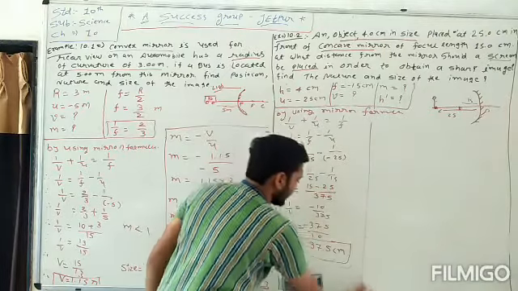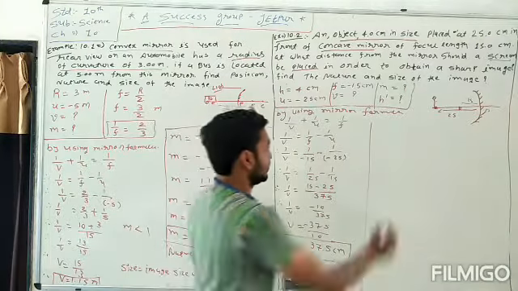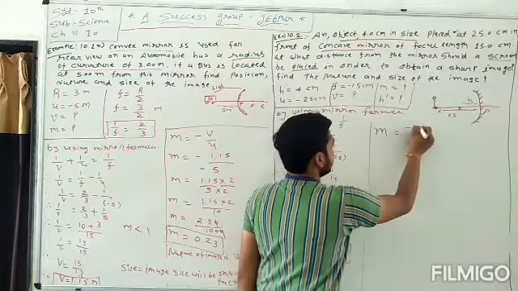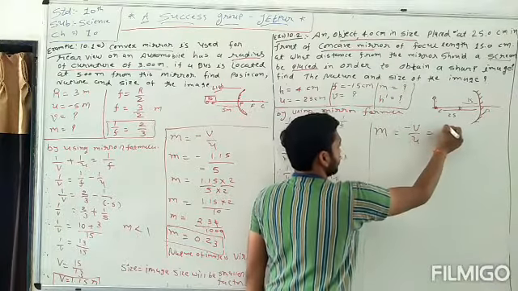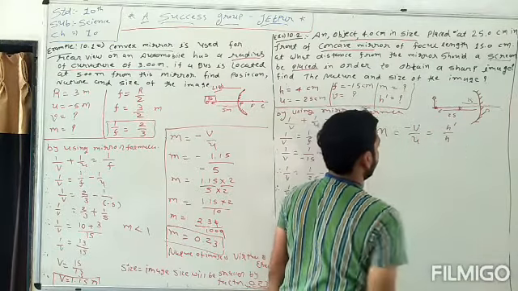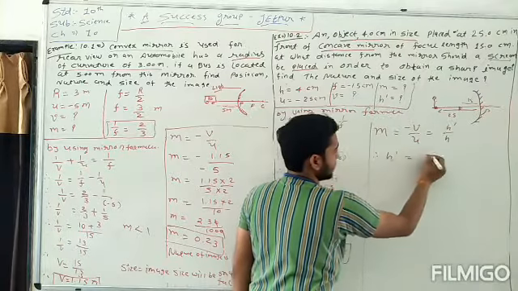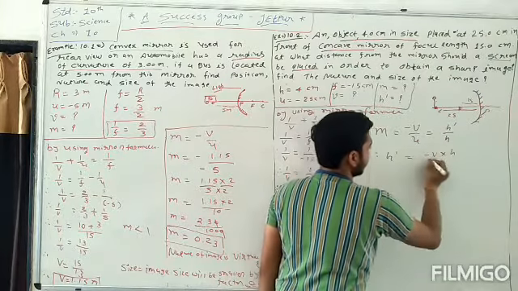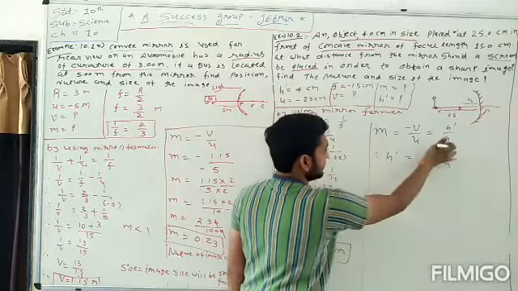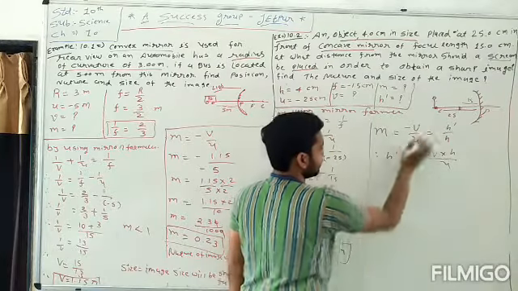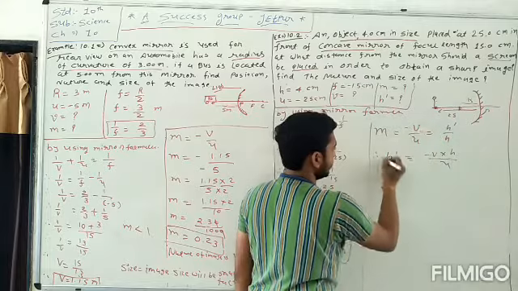Now we have to find the size of the image. We have the magnification formula, minus v by u, and it is also h dash by h. Making h dash the subject, the formula becomes minus v into h by u. This value goes from right hand side to left hand side, so h dash is minus v into h by u.